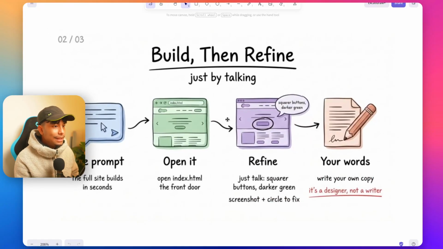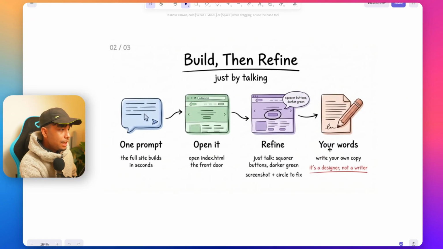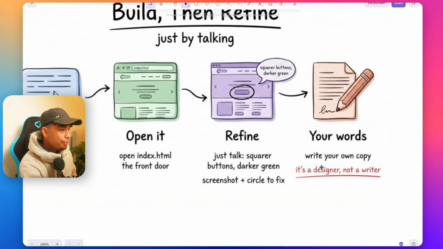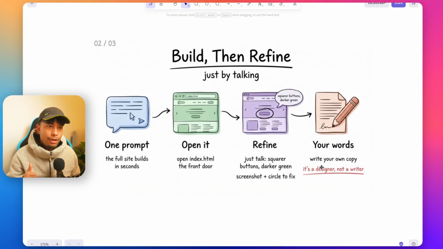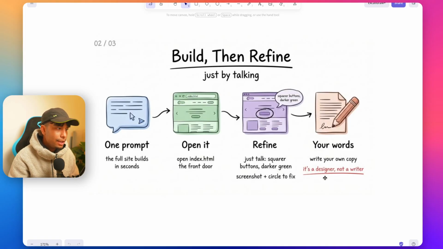And let me show you how we are going to build it. To build this, all we need is one prompt. Basically, you paste one prompt, and once it builds, it will show you a web page, how it looks. Then you can keep refining until you achieve your desired result. The differentiating thing is that you write your own copy. It is a designer, but not a writer. So write your copy, show your case studies, portfolio things.